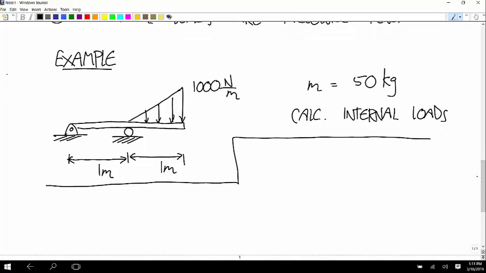Okay, now remember, the weight is a distributed load, okay? And when we do our cuts, we're going to have to think of it as a distributed load. Always before now, we've just treated the weight as a point force that acts at the center of mass, okay? But if we treated this as a beam with a force here, a weight down, and then that distributed load, our answers would be wrong, okay?